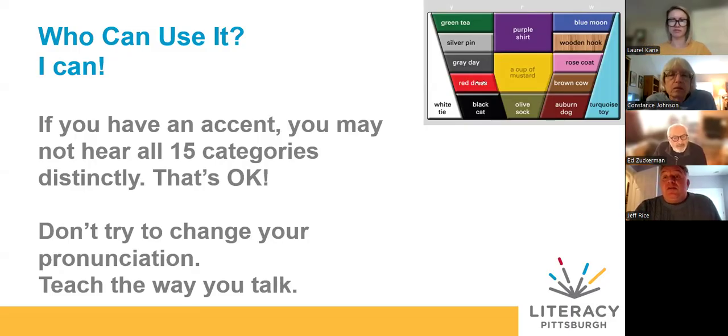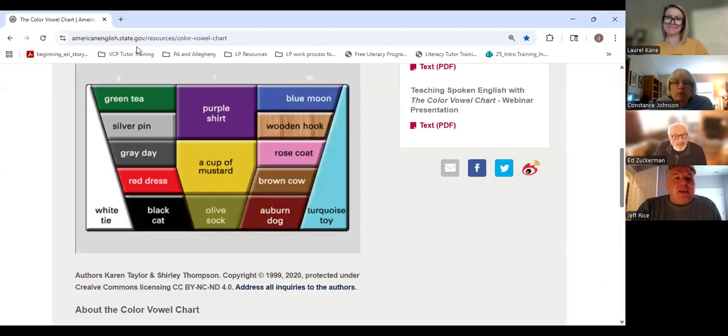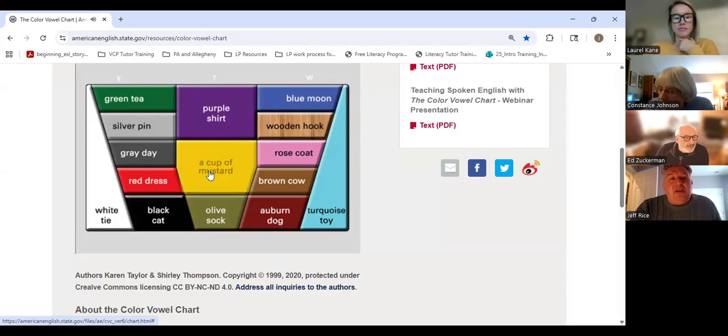Yeah, so if I change my share for a second here. If you go to this page here, americanenglish.state.gov, when you click on the tile, you hear it. Ah, a cup of mustard.